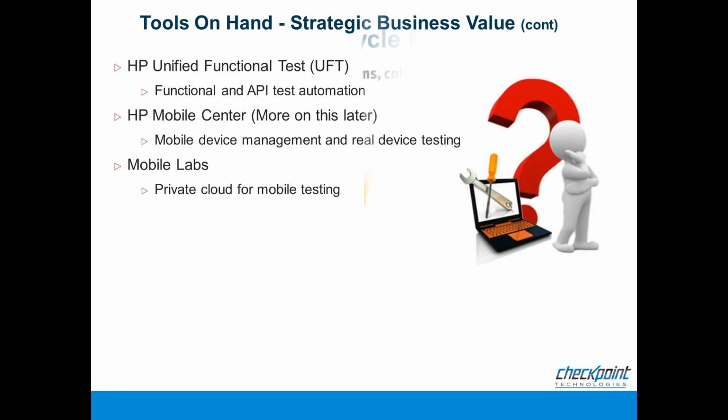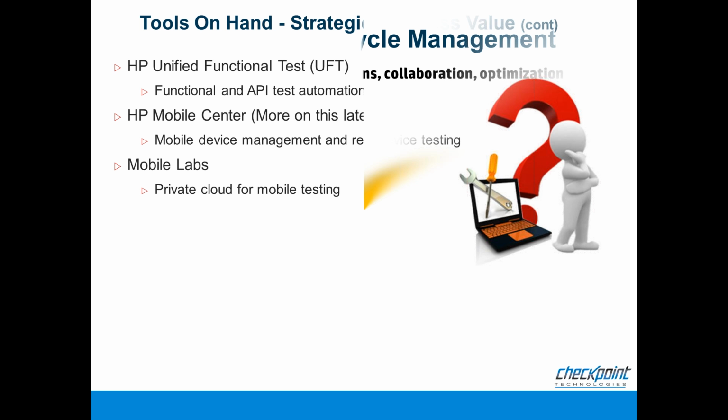Again, to go back to UFT, Unified Functional Testing: there used to be QuickTest Pro, which was the functional test inside the GUI testing side, and then there was Service Test, which was the API. So that was combined in the UFT. UFT now supports both functional and API test automation that can be applied to your mobile testing as well. Mobile Center, of course, we'll be getting into in more detail in just a minute, but it's device management and real device testing support.